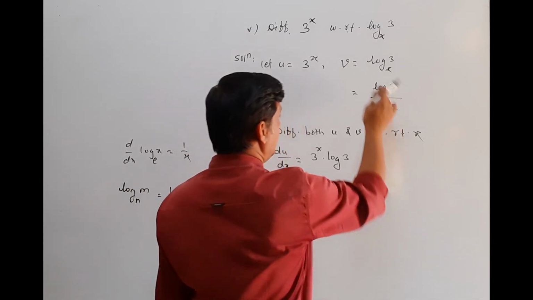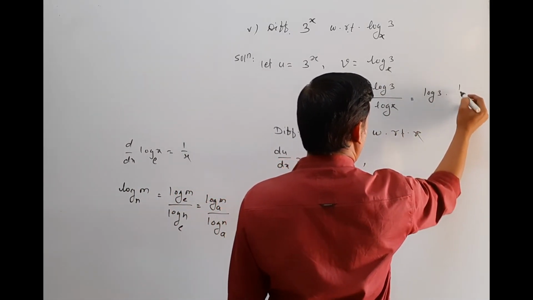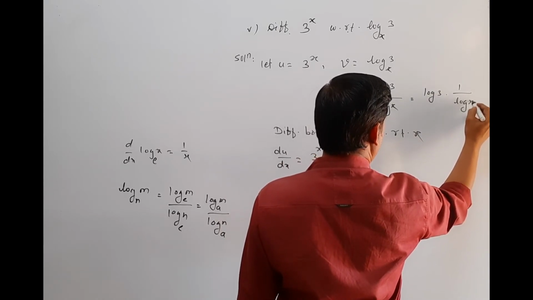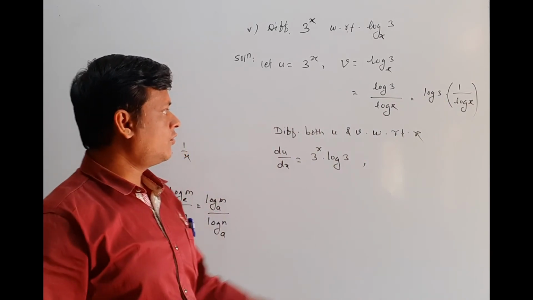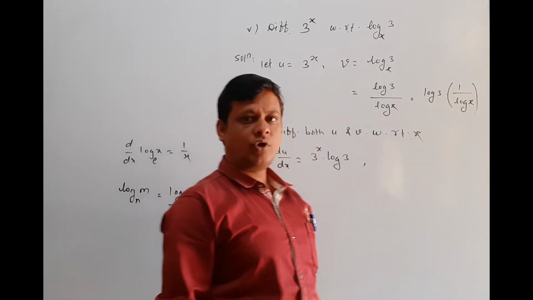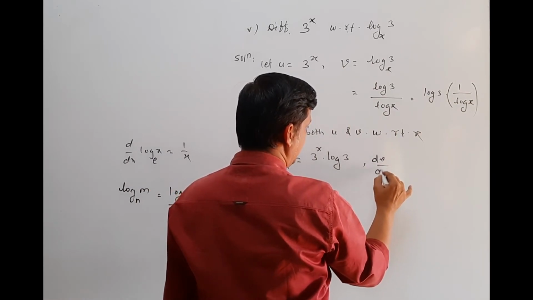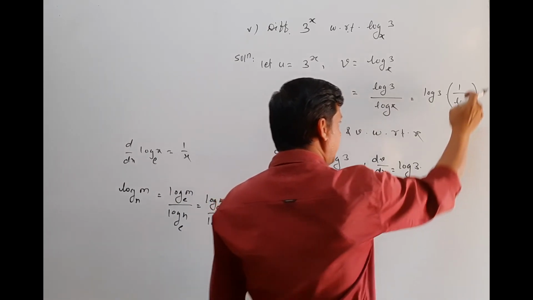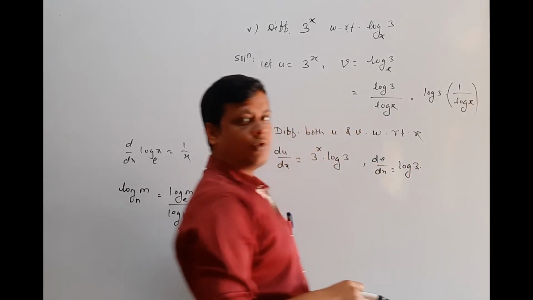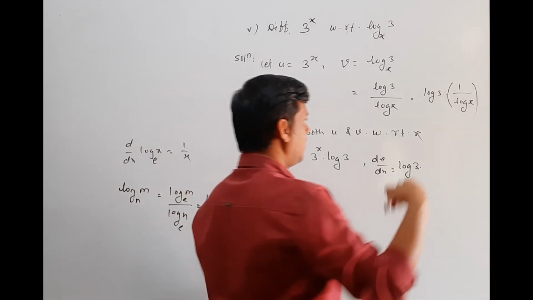Then we write v as log 3 into 1 upon log x. Because log 3 is constant, we have to find the derivative of 1 upon log x. So the derivative of v, dv by dx, is equal to log 3 constant, and we know the derivative of 1 upon x is minus 1 upon x square.